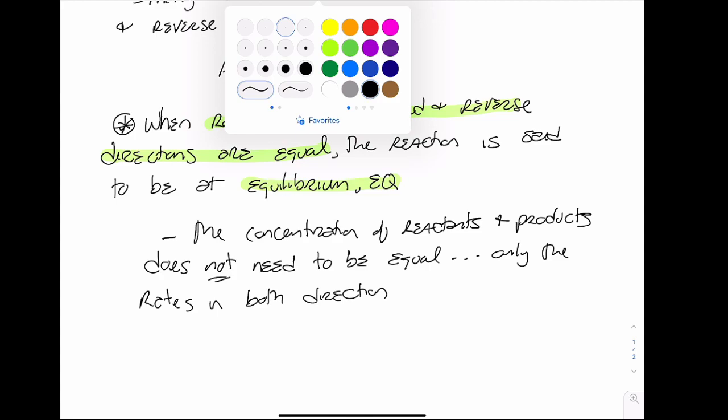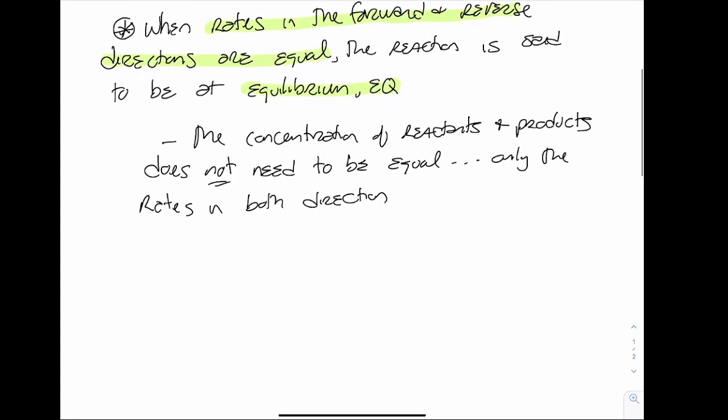It is a dynamic state. So what we mean by that is the reaction is still occurring. So even when we're at equilibrium, we're still forming A, we're still forming B, but because we're forming them at the same rate, there's actually no net conversion of reactants and products.